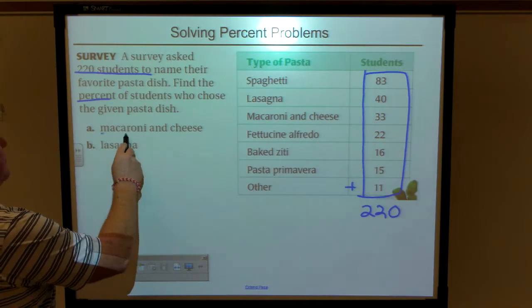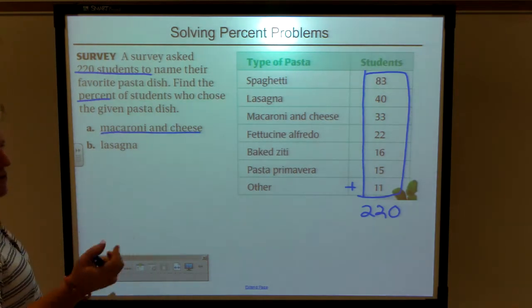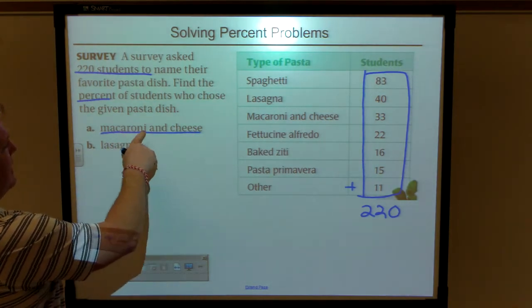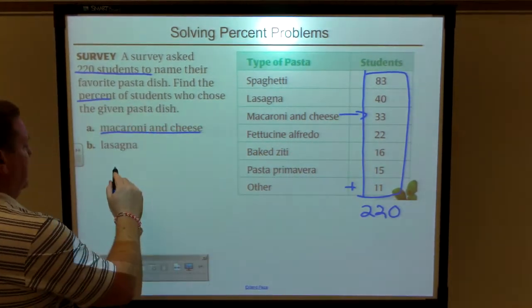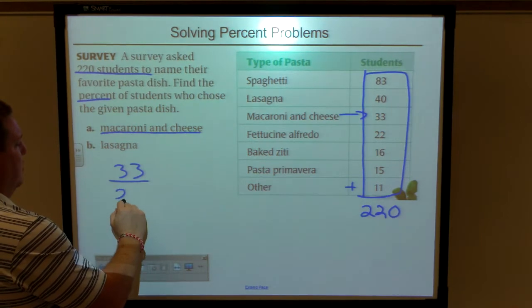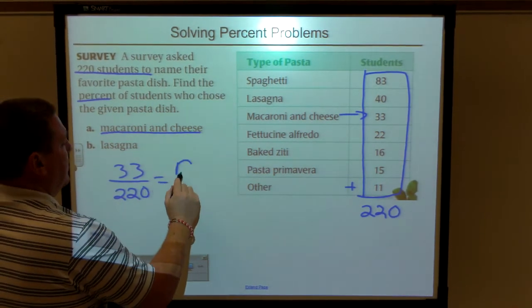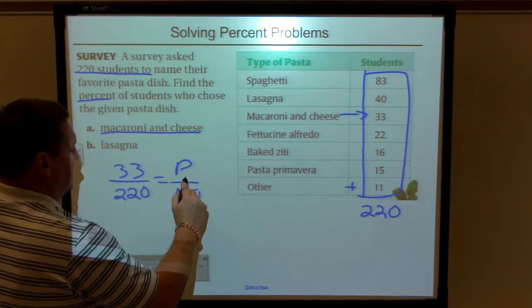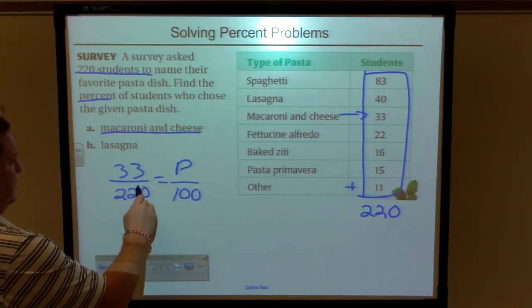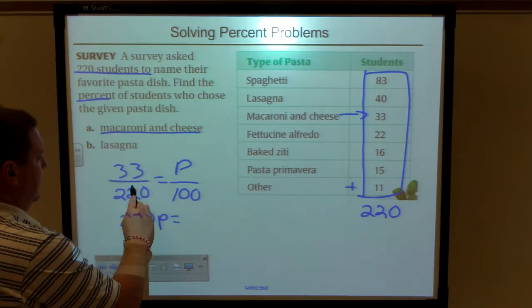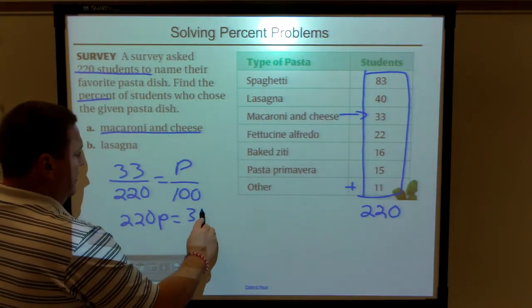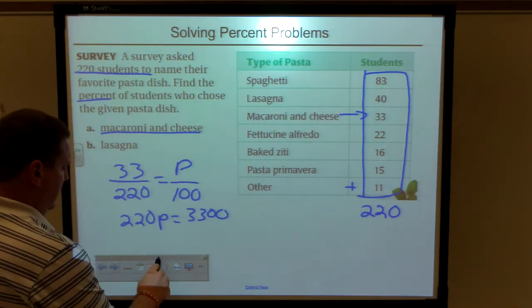Okay, so we're going to go and do part A first. I'm going to use the proportion method. Macaroni and cheese, that is 33 people out of 220. And I want to know what percent that is. And we're going to cross multiply 220 times P. And 33 times 100 is 3,300.